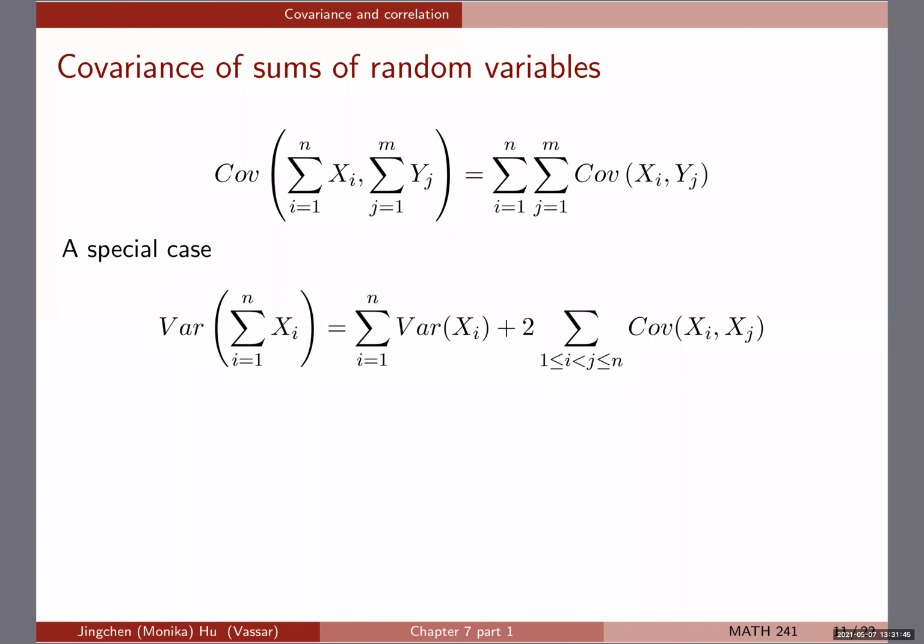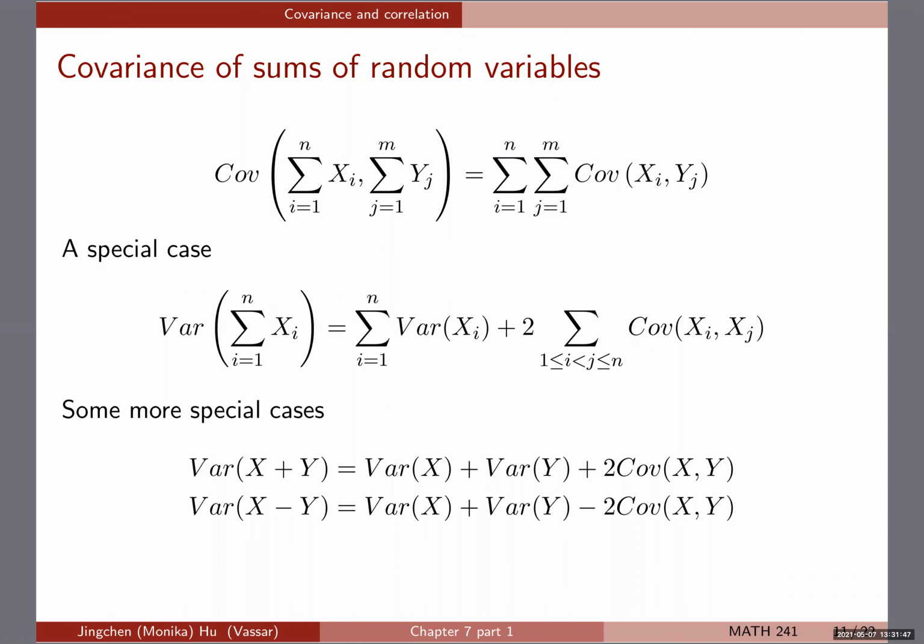And even more special cases are these two that I would really highly recommend we think through as well. The first one is, what if I'm doing the variance of the sum of x and y? Remember we talked about the expectation of x plus y, that would just be the sum of the expectations. For the variance, we are going back to this result, with x and y as the x1 and x2 terms up there.